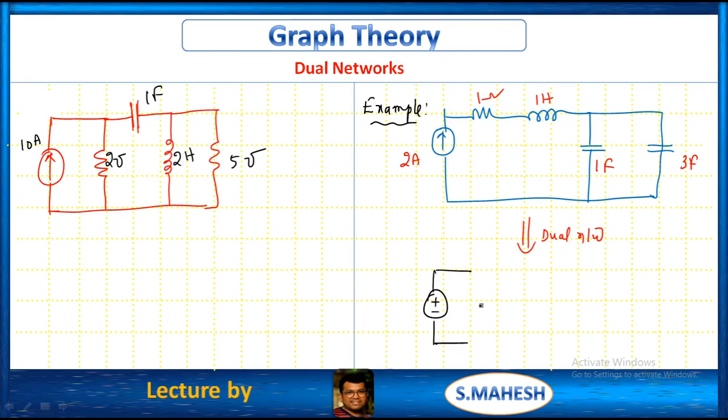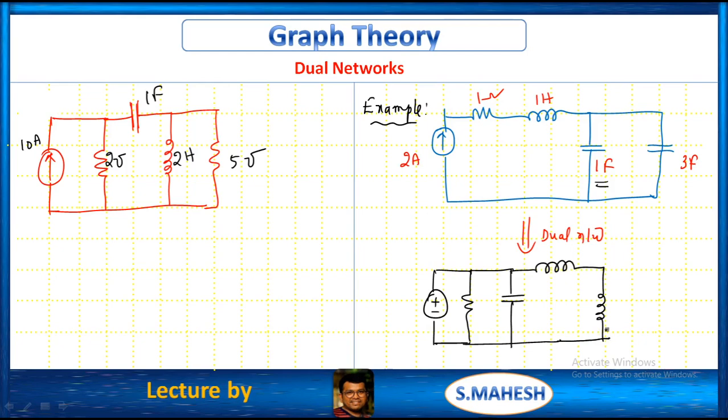Completed. Here we are having resistance in series. Therefore, conductance in parallel. Therefore, inductor in series. Now we have a capacitor in parallel, inductor in series, capacitor in parallel, again inductor in series.